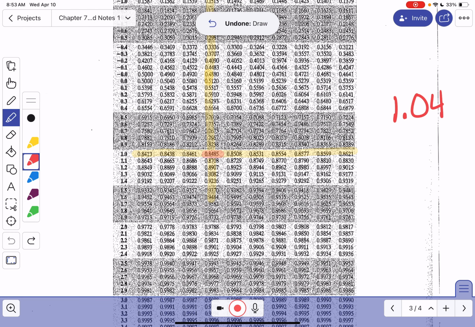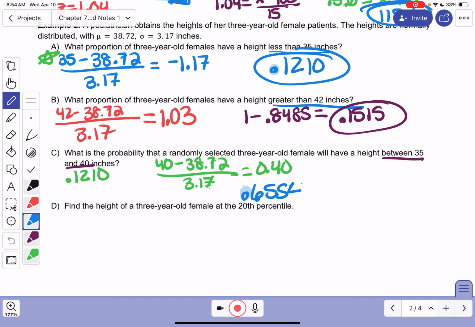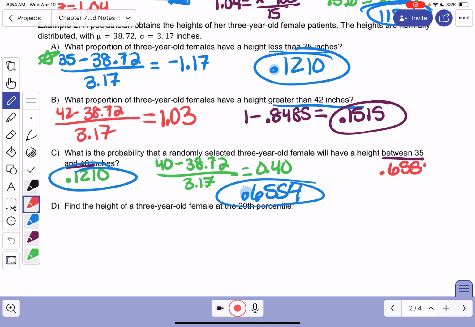Oops, that's this one, 0.6554. And then between, we just subtract the two proportions. So 0.6554 minus 0.1210, we get 0.5344.